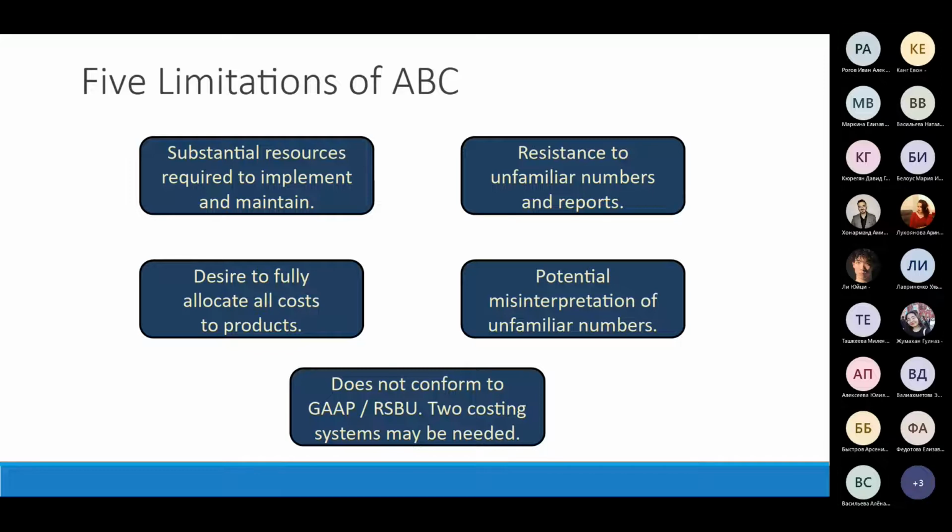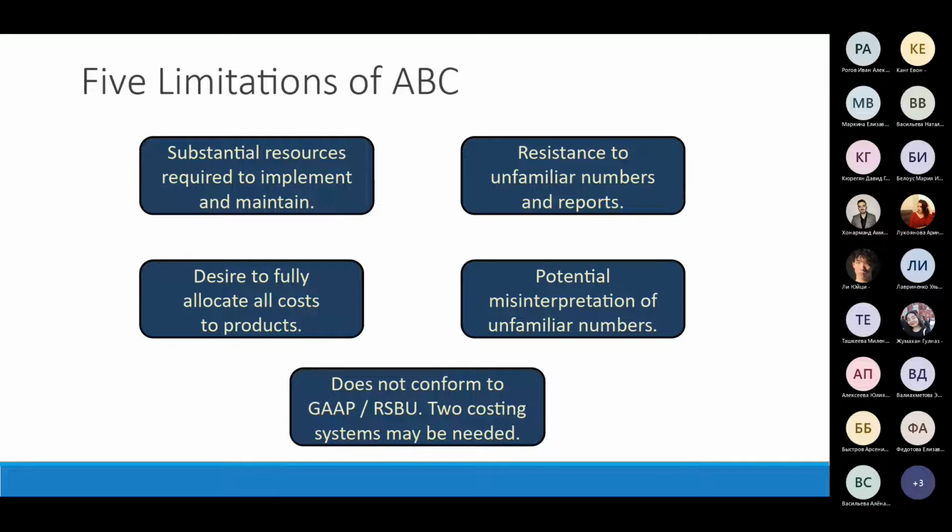We need to implement special management rules and methods. We have to purchase special RFID systems to control the inventory and costs. So we have to involve lots of resources to implement and maintain this system.